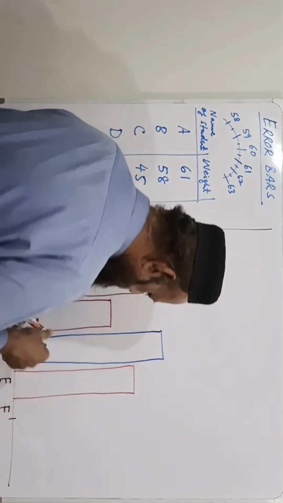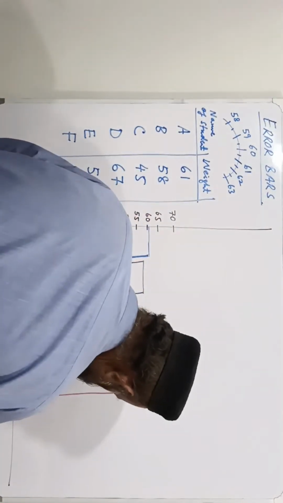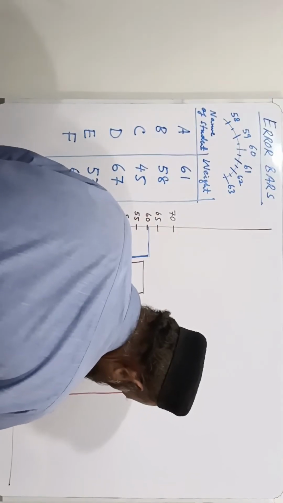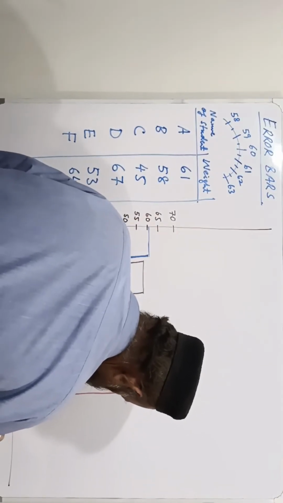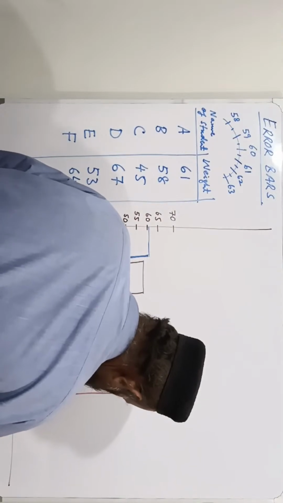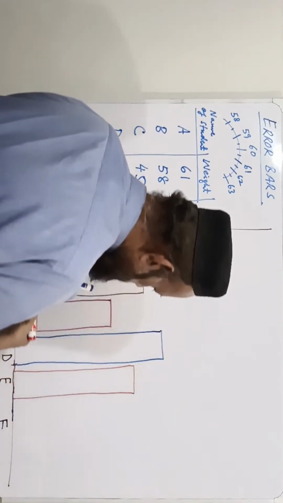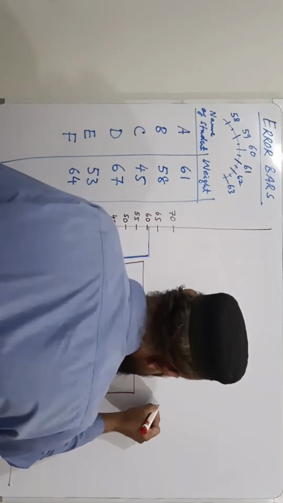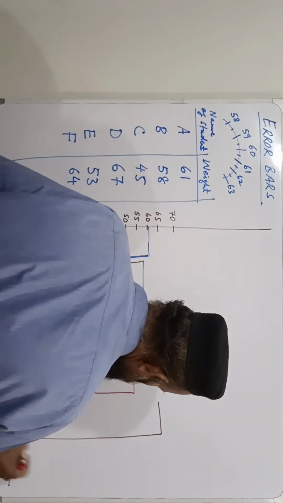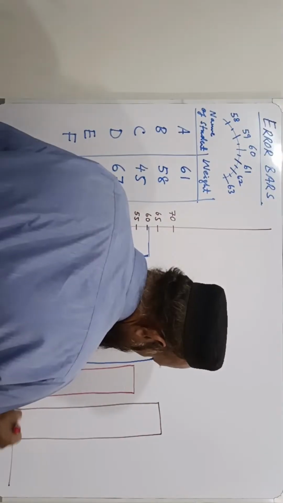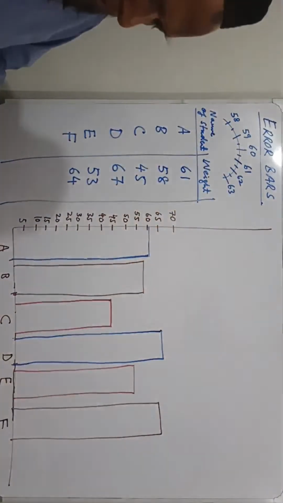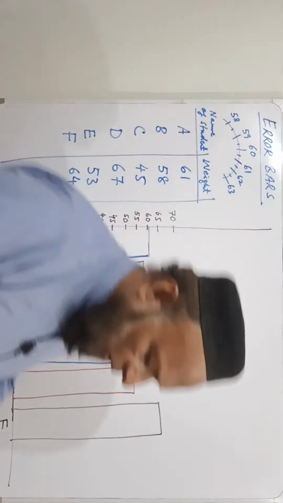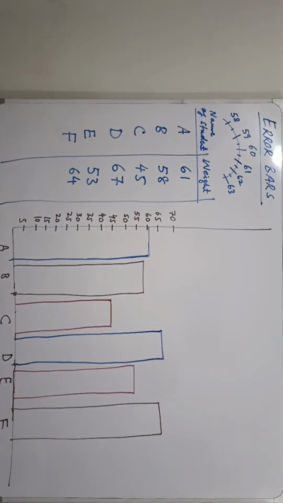This is E. And then we have to move to F. So F is how much? 64. Now these are simply what? These are the bars, only bars, not error bars. Now how they become error bars and what are the errors present over here?